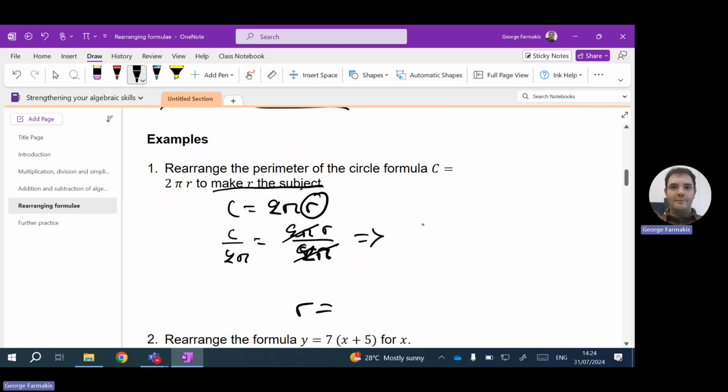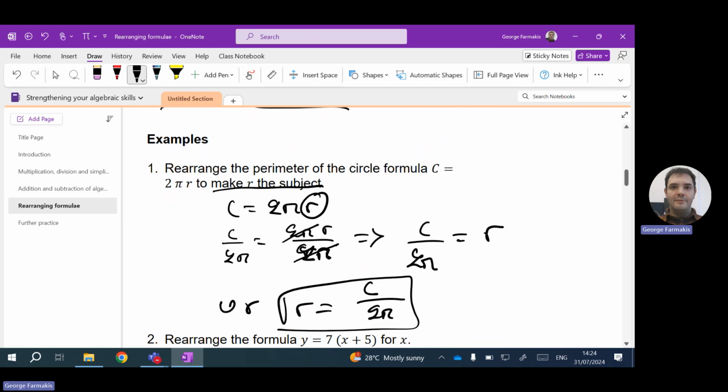So here we have c over 2 pi equals r, or r equals c over 2 pi. So this is an example of rearranging a formula. You start with a formula where your subject is the perimeter c, you rearrange it to make the radius the subject. So now r is the subject of the formula.